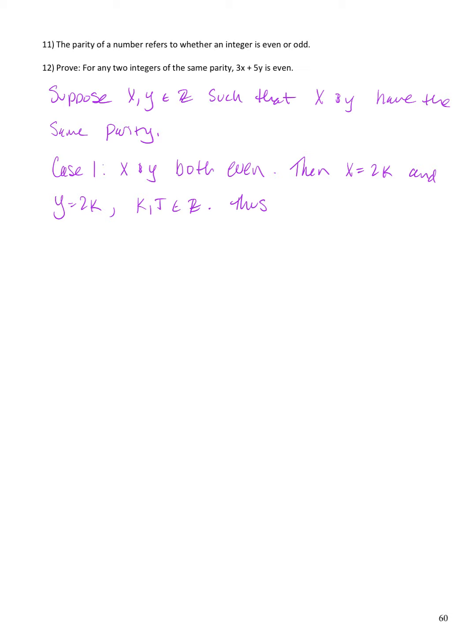Thus, 3x plus 5y is 3 times 2k plus 5 times 2j, which is 6k plus 10j, which is 2 times (3k plus 5j).